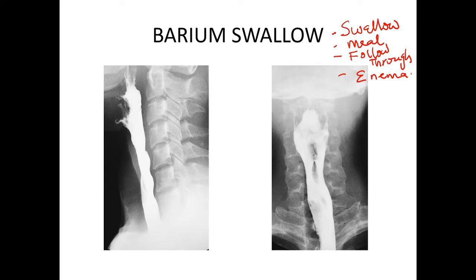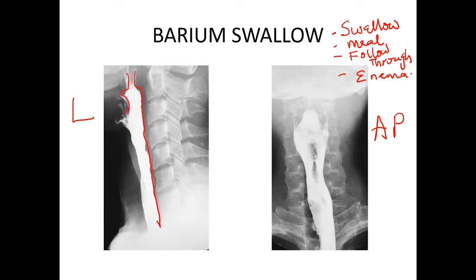Barium swallow, you can see different views of this barium swallow. Now, this is a lateral view, and this is an anterior posterior view. You can see the contrast is outlining the pharynx and the esophagus.